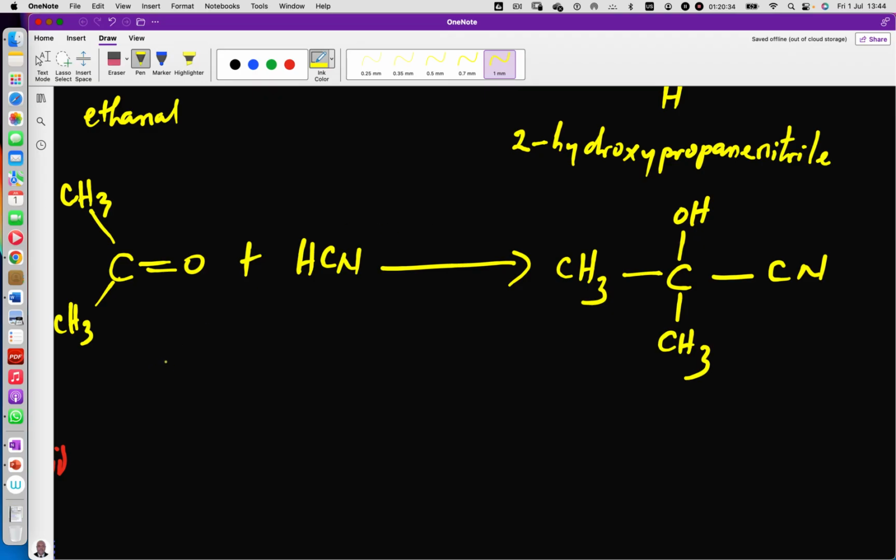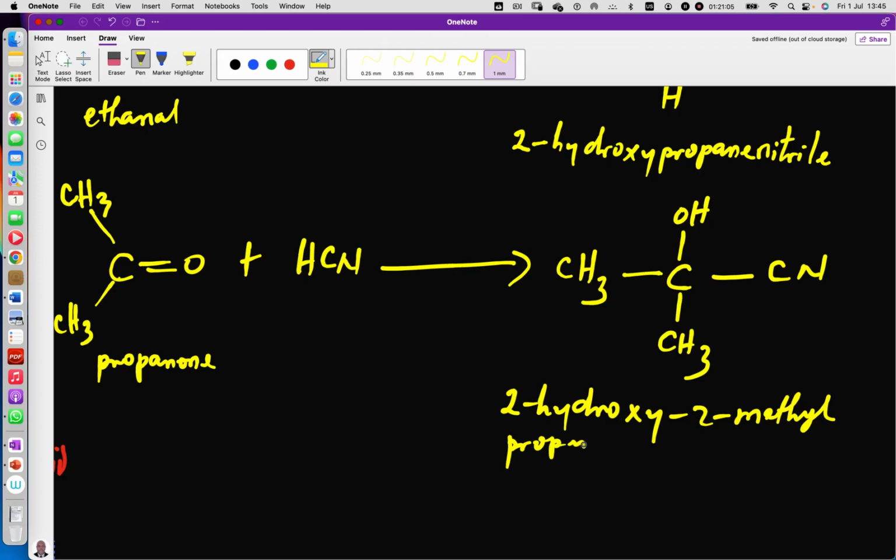So this is propanone. This is 2-hydroxy, 2-methyl propane nitrile.